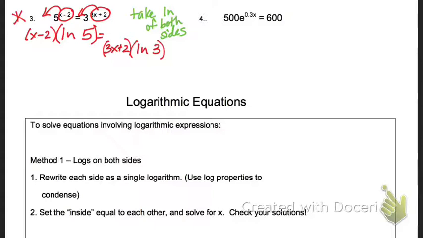So then you want to get x by itself. So I'm going to distribute this natural log of 5 to both terms and distribute the natural log of 3 to both terms.